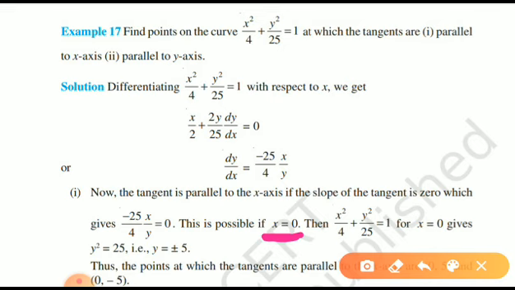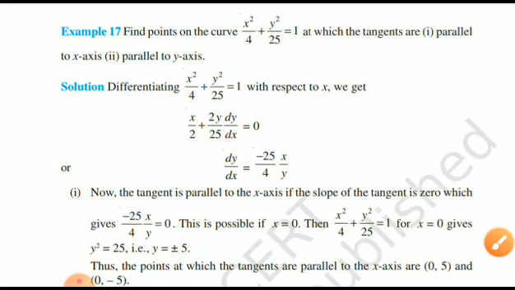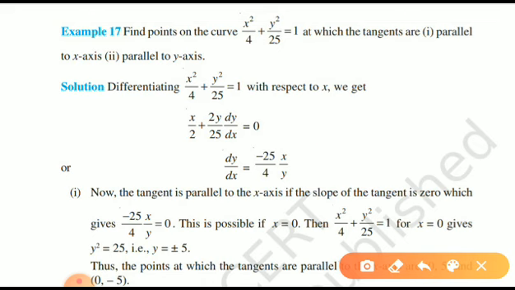So this is the condition, x is equal to 0. Is that clear? So just substitute x equal to 0 in this equation, and you will see that the value of y is equal to plus or minus 5. Thus the points at which the tangents are parallel to the x-axis will be 0 comma 5 and 0 comma minus 5. Is that clear? So the basic concept is what?